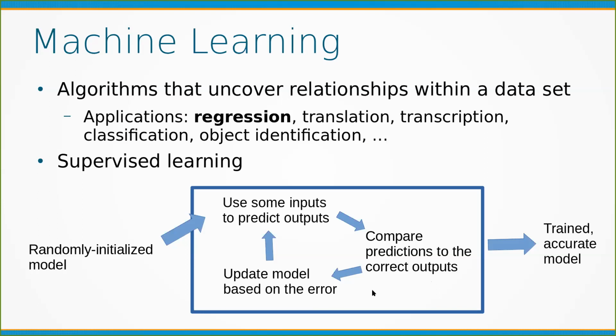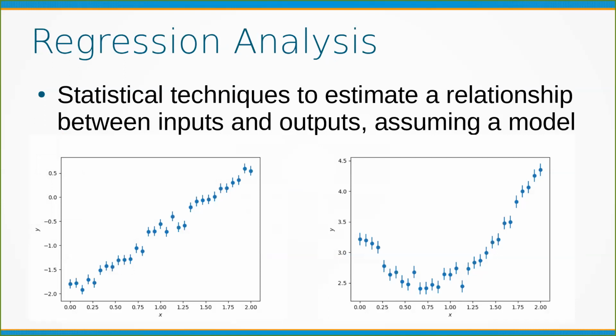And then the model can update itself based on its error and how wrong it was. You'll do this millions of times. And at the end, you're left with a trained, accurate model that you can give some inputs and it will predict outputs that match very closely to what you would have gotten if you used your traditional analytical formula.